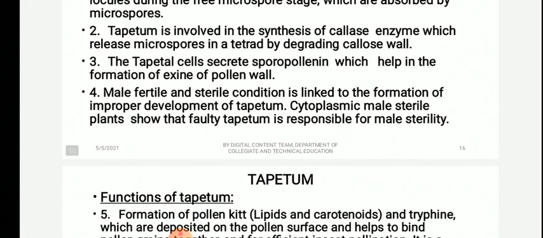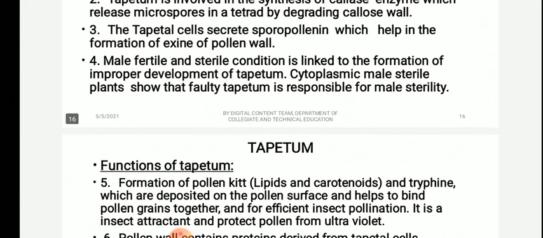The tapetal cell secretes sporopollenin, which helps in the formation of the exine of the pollen wall. Exine is the most protective layer of the pollen grain, and 50% of the exine wall, that is sporopollenin, is contributed by the tapetum.